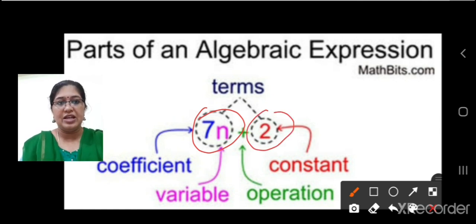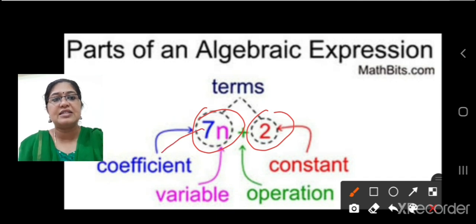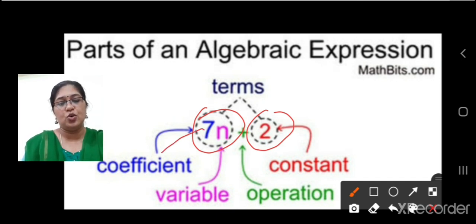In 7n, 7 is the coefficient. Coefficient is the number which is multiplied to a variable. The variable is the English alphabet whose value changes, varies.